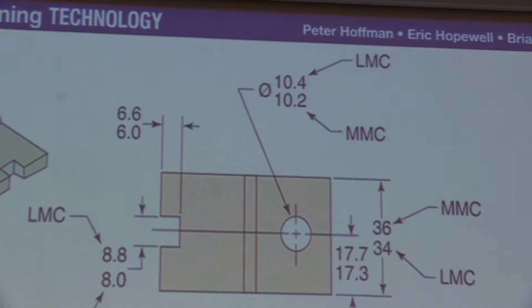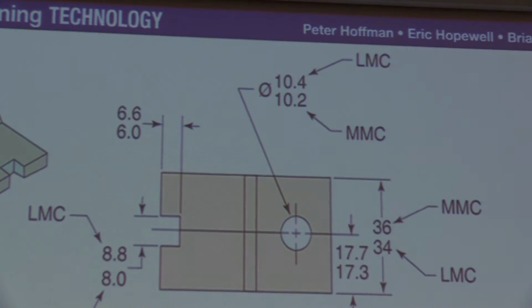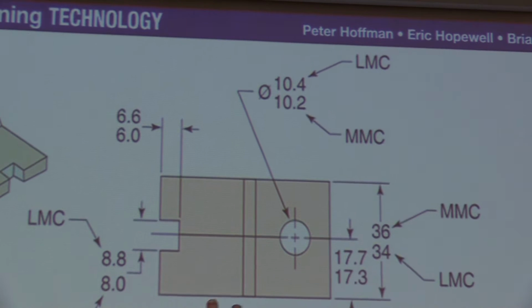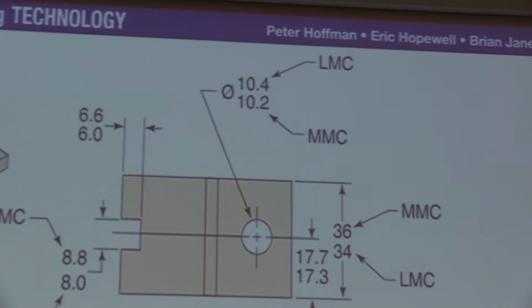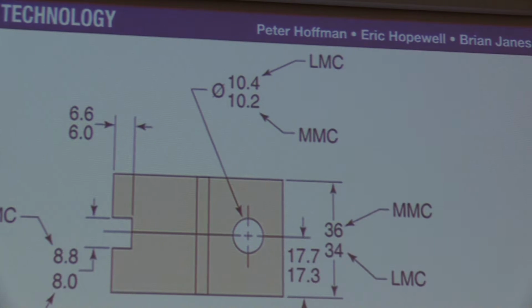But before, what I had is I showed the larger number on the top side of 10.4, but that actually 10.4 diameter would take away more material. So this is the least material condition versus the 10.2 leaves more material because it's smaller. So that's the maximum material condition, okay?